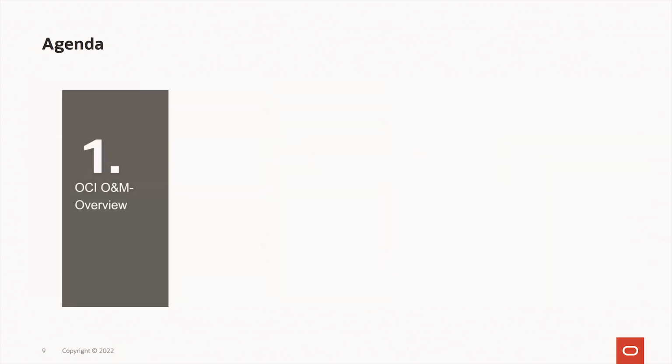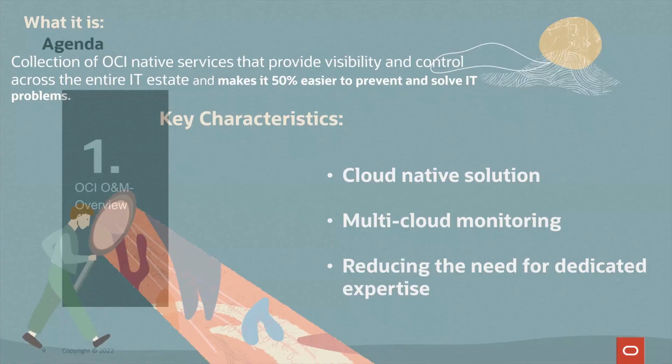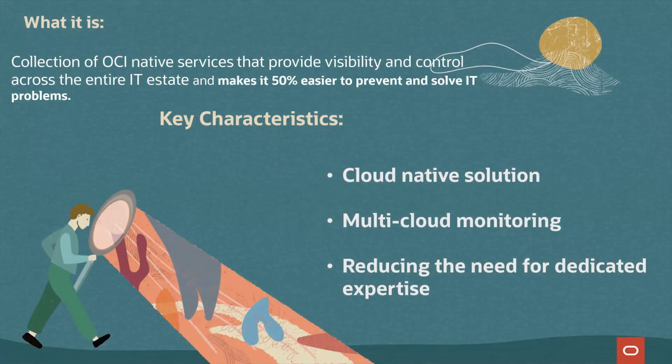So first, a short recap of what the observability and management platform is. It is cloud native and tightly integrated with OCI services, but can also monitor on-premise deployments as well as other cloud vendors.